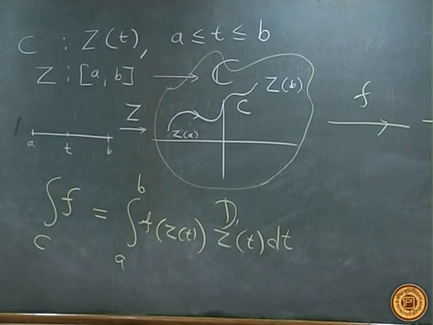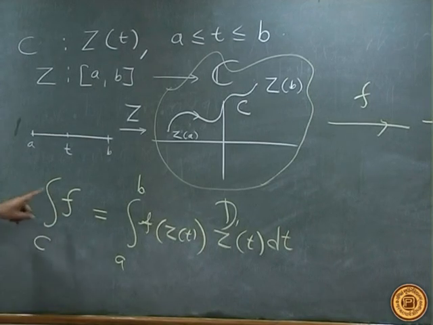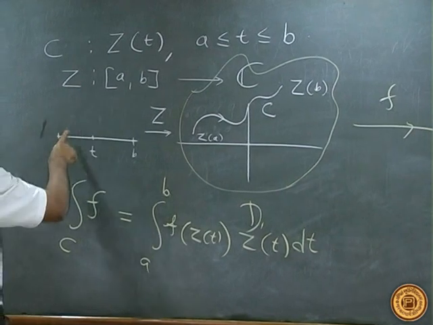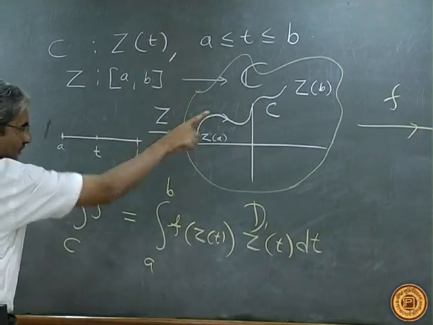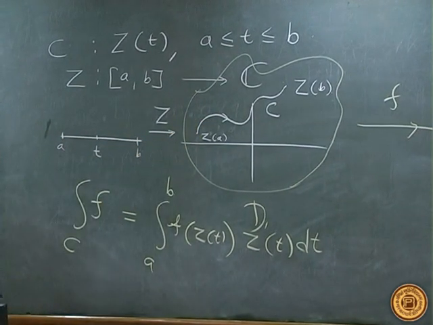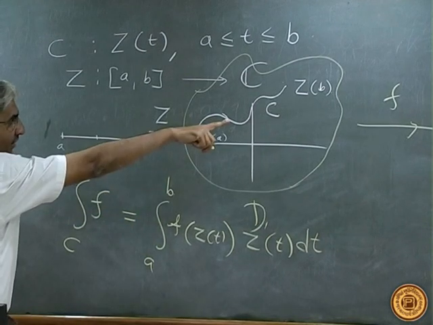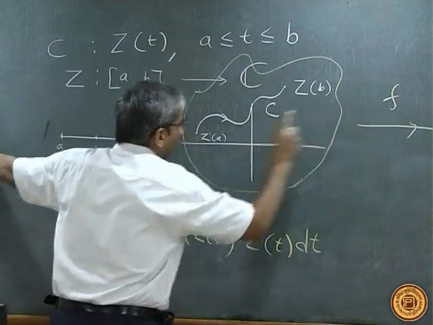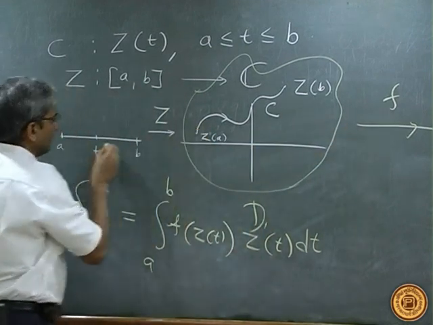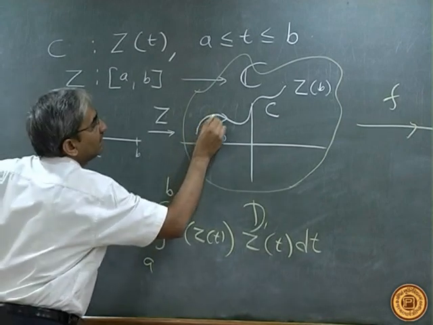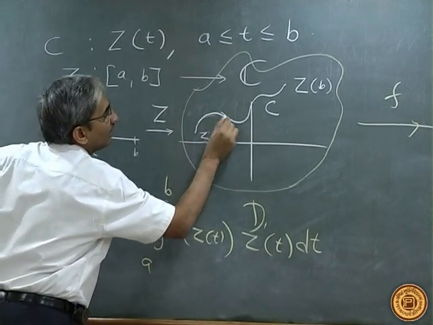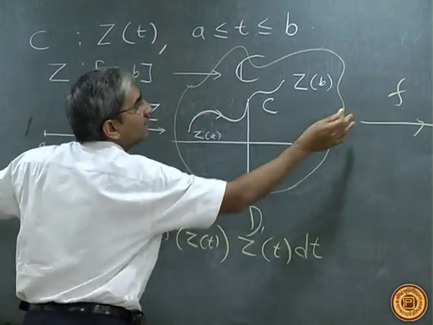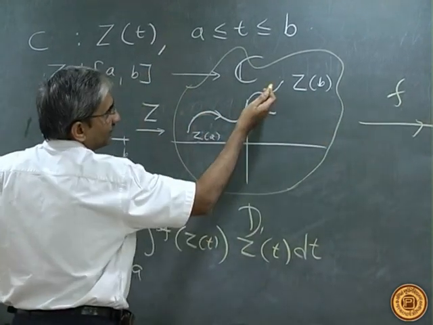So the contour is given means this function z is given, and f is a function whose domain contains this contour, so that you can find f(z(t)). As t moves, z(t) traverses this curve.